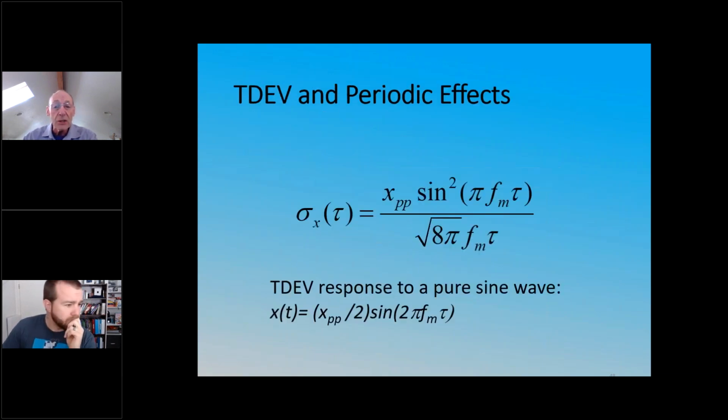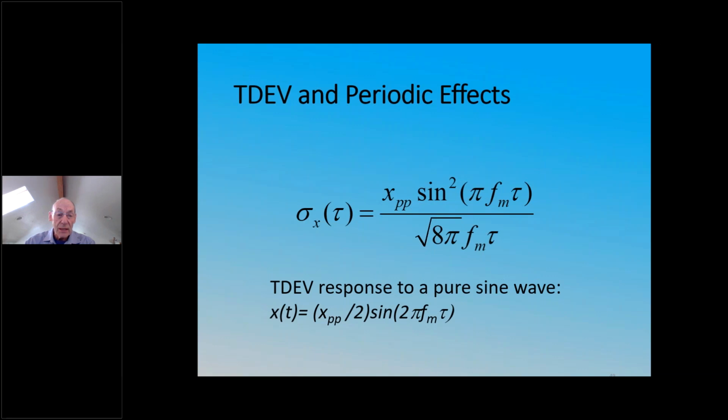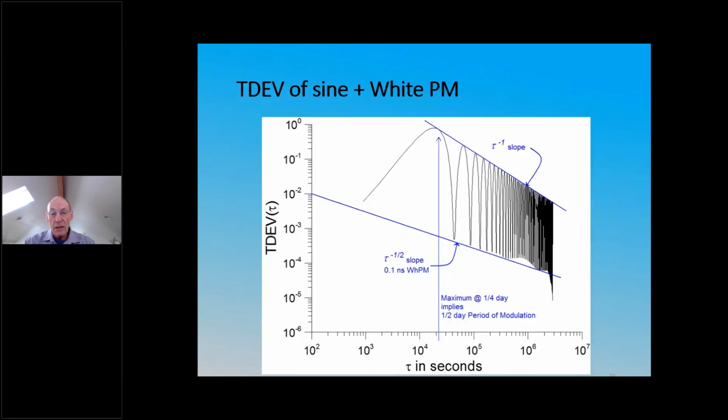In addition, you can look at periodic effects. TDEV responds to a pure sine wave with a kind of sine x over x curve. And if you have a white phase noise with a periodic, you see a maximum, and it's possible to differentiate what is periodic.